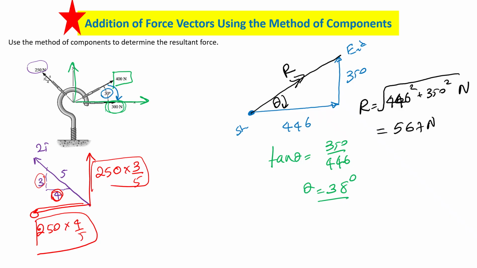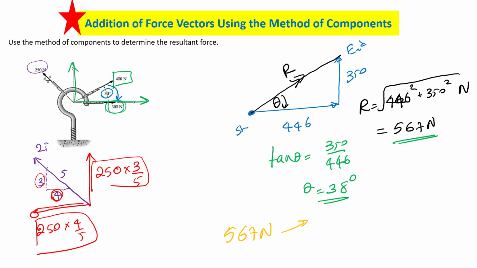So how do you write this in a sentence? Your resultant is 567 newtons. You can do it in two ways. One is from where to where, using north, south, east, west.